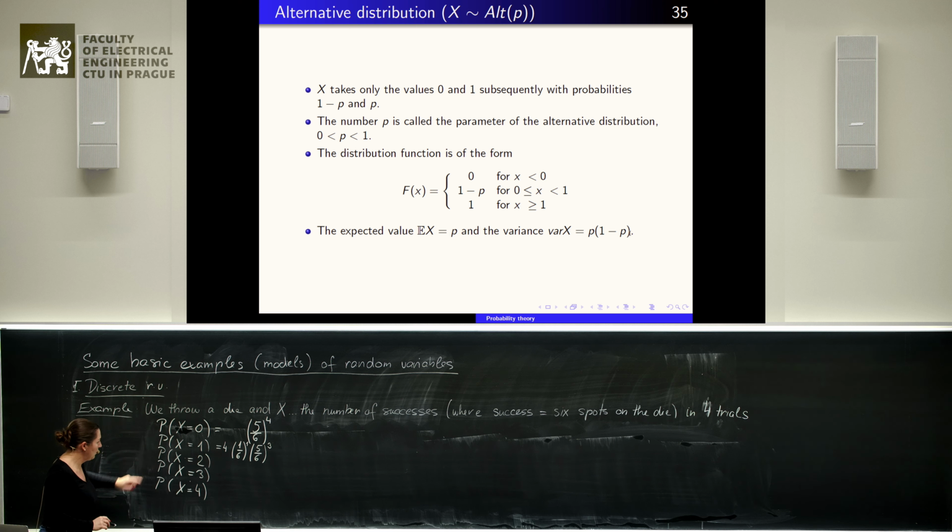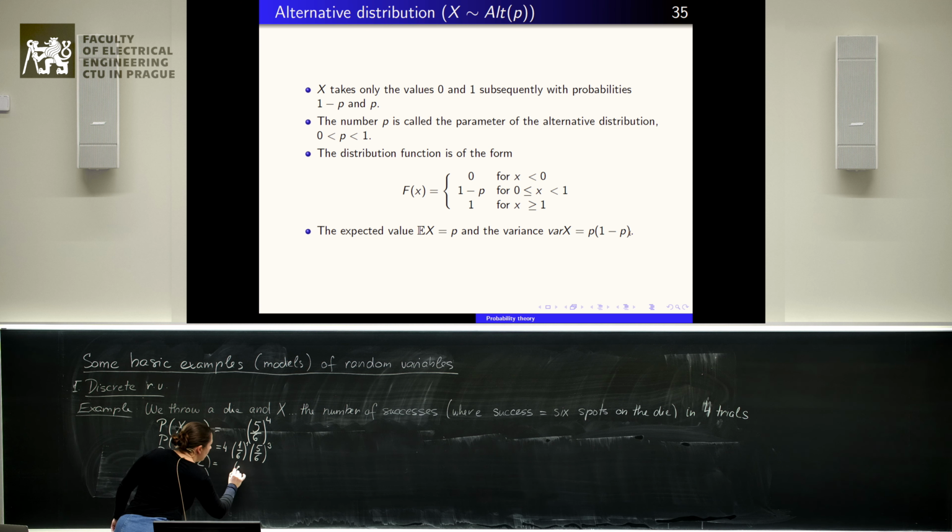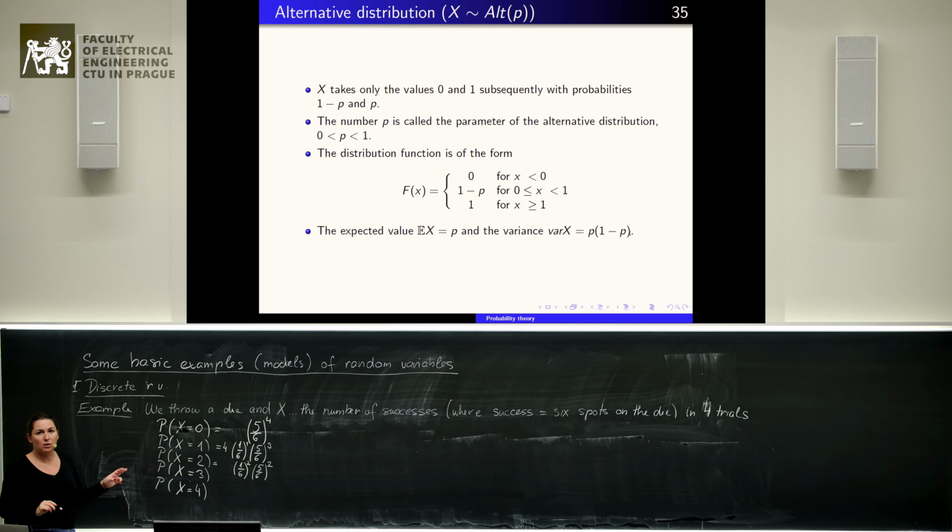And what happens in the situation that we care about the probability of 2 successes? Twice it must happen that we have 6 spots on the die. Twice it must happen that we have less than 6 spots on the die. And what is the number of situations?